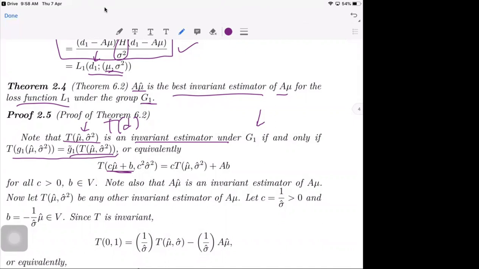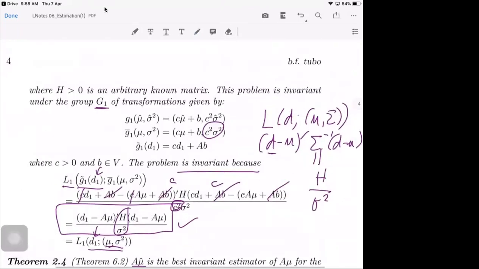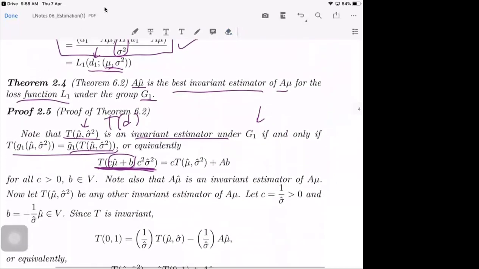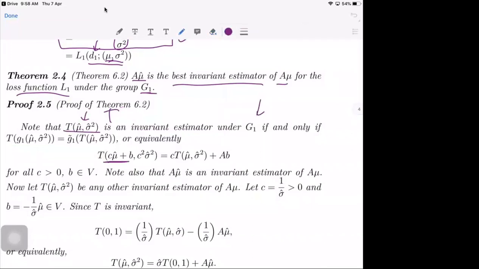Or equivalently, if you can show that T at this transformation, kay mao man ni na group of transformation imong gi-consider, this one. So inaani ang imuhang pag-transform sa iya, no? Mag-add ka og b sa mean. So you add mo na imong mu hat, no?